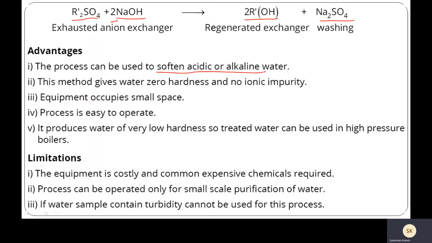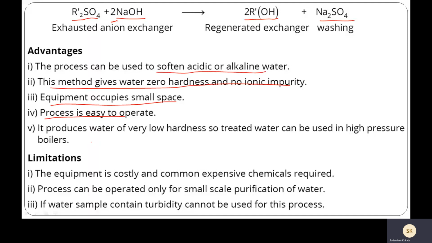This method gives water of zero hardness and no ionic impurity. Equipment requires very little space. The process is very easy to operate and produces water of very low hardness. So treated water can be used in high pressure boilers, right? These are the advantages of the ion exchange method.